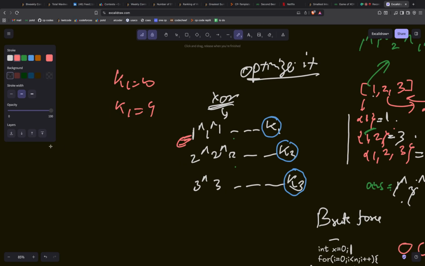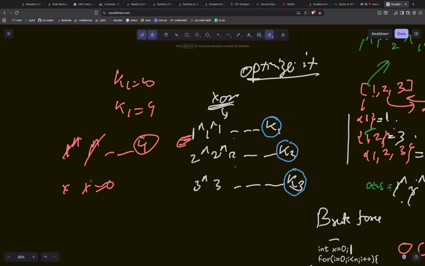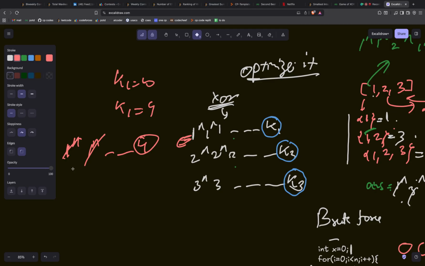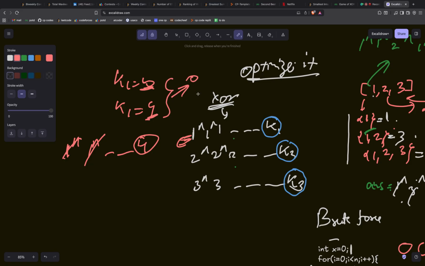what would our 1 be? It is just 1 some 4 times. If 1 is there 4 times, then all the ones would cancel out because x XOR x is 0. So 1 is occurring an even number of times, and if it occurs an even number of times, then all will cancel out. So k1 being 10 or 4 will give the same XOR of 0.